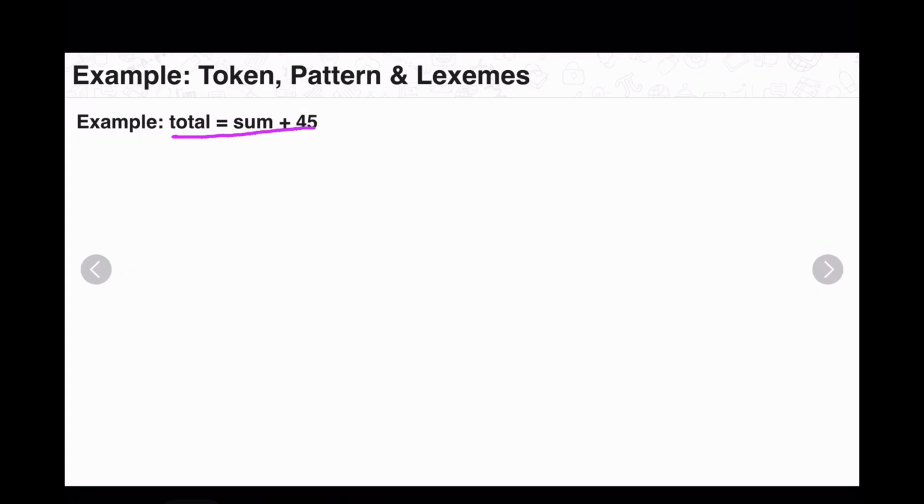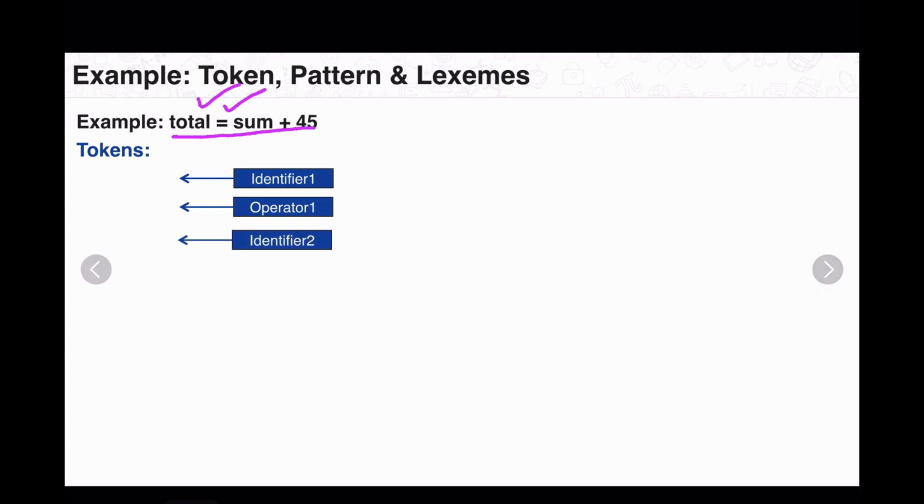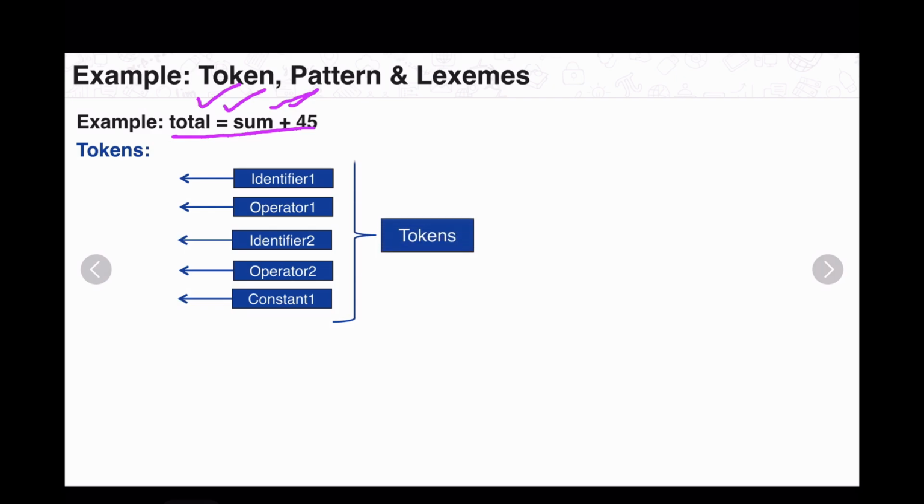Here, the tokens are: total is the first identifier, then equal is an operator, sum is the second identifier, then plus is the second operator, then 45 is the number constant. Total, equal, sum, plus, 45: these are all called tokens.